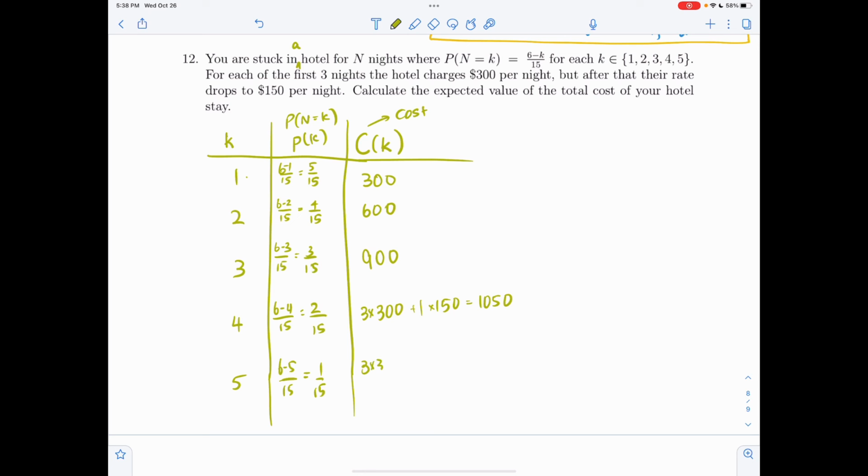And if you're stuck for 5, it is 1,200, right?